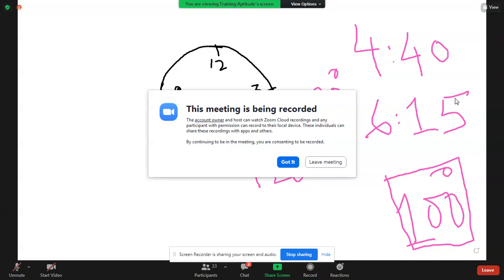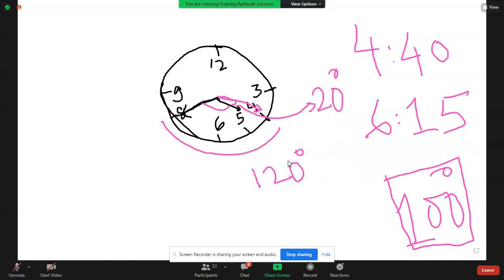Students, what happens at 6:15? My hour hand has moved a little, just slightly away from 6. And the angle formed by the minute hand. 97.5.